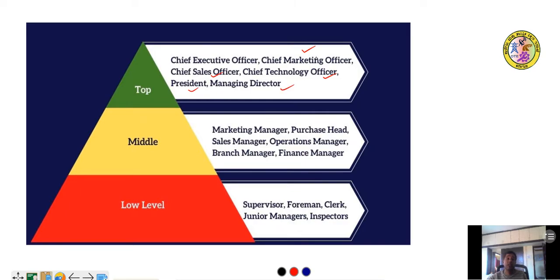These are called high level management people. And they are responsible for policy formulation.